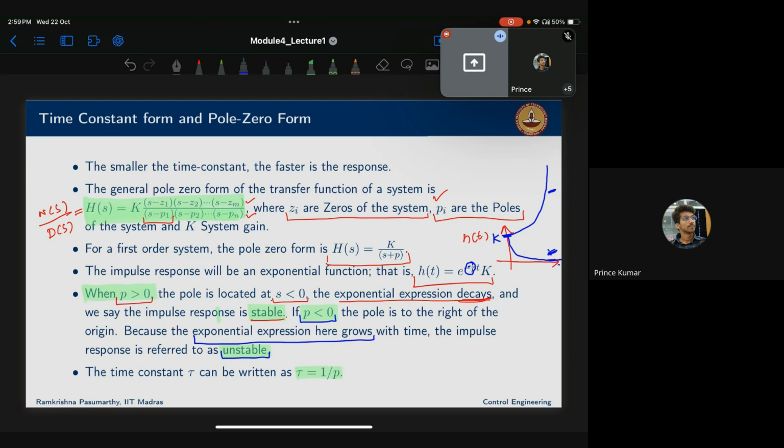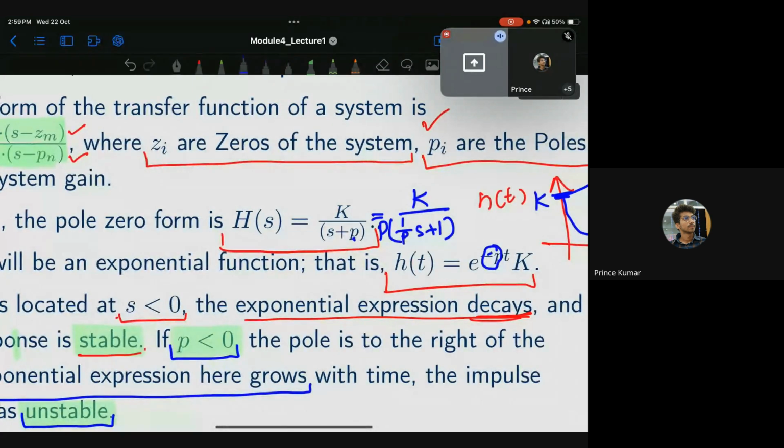So we can write tau as 1 by p. So we can write this as k by (1/p)s plus 1, correct? That is p. So this is your tau, and the expression we should have is k times 1 by (tau s plus 1).